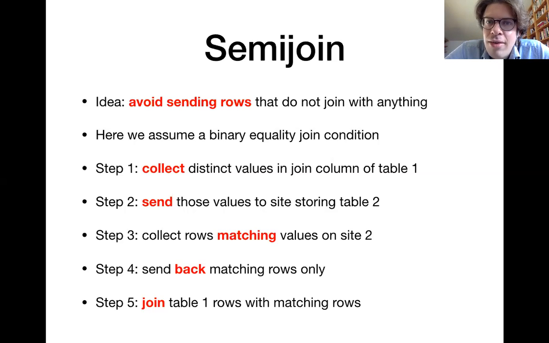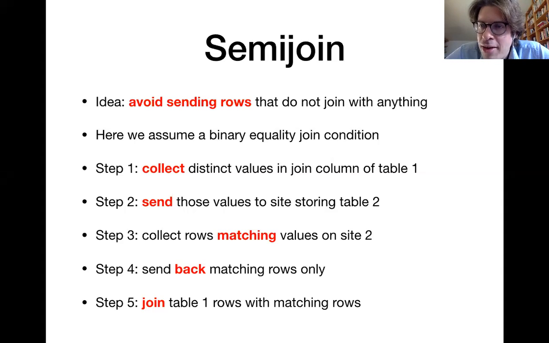Those are values that are interesting in the join column, because if we have rows from the other table with those values in the join column, then they might actually satisfy the join condition.